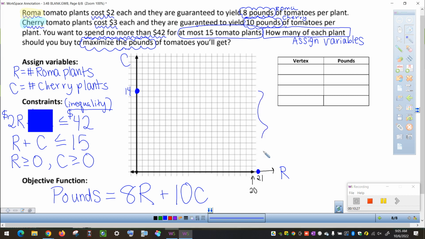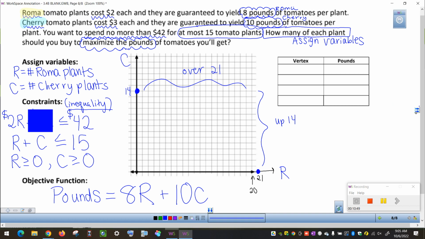So remember that slope is the rise over the run. So this is up 14, and then we're going over 21 to the left. So if you actually think about starting here at the bottom and getting our slope, it would be like going up 14 spaces and then over 21. Well, slope, we know that is rise over run.